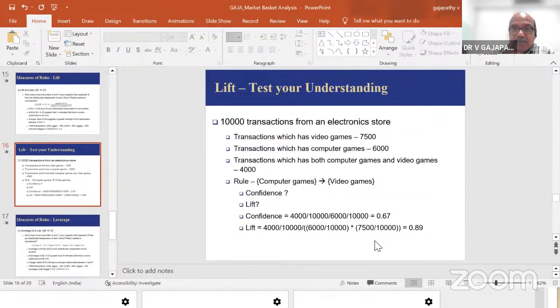Now we will go to the next one. Lift, test your understanding. 10,000 transactions from an electronics store. Transactions which have video games are 7,500, transactions which have computer games are 6,000, transactions which have both computer games and video games are 4,000.